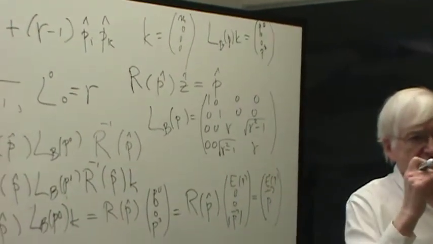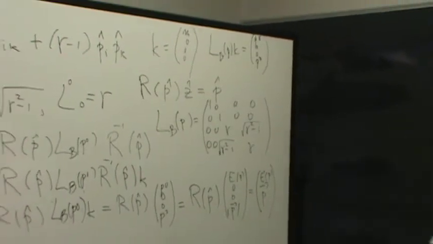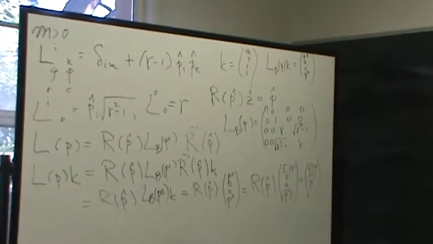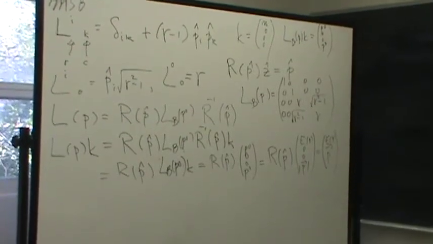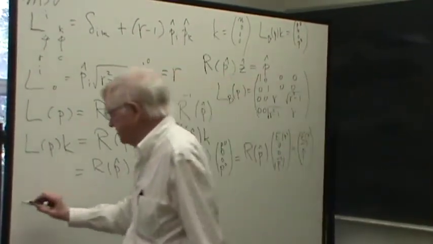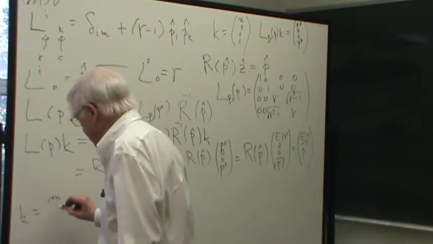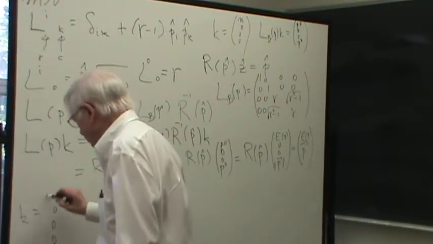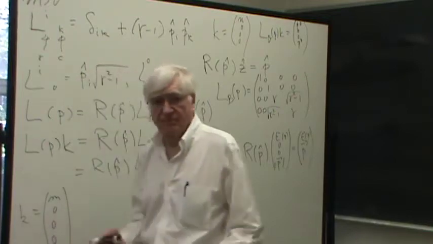But K has no component in the last three coordinates. K, for the massive case, K is M, 0, 0, 0.